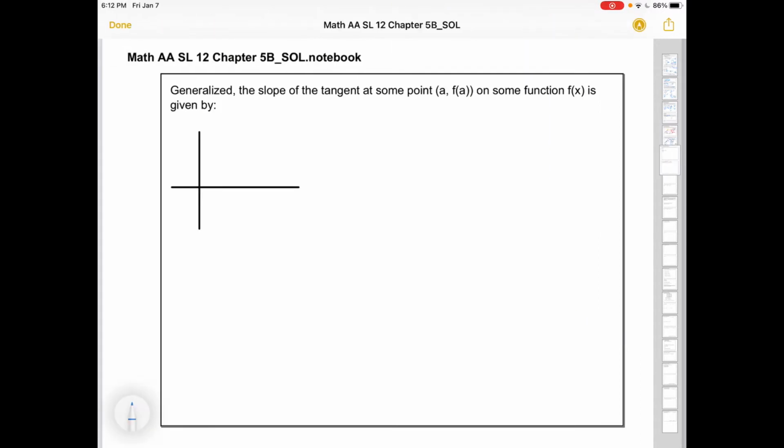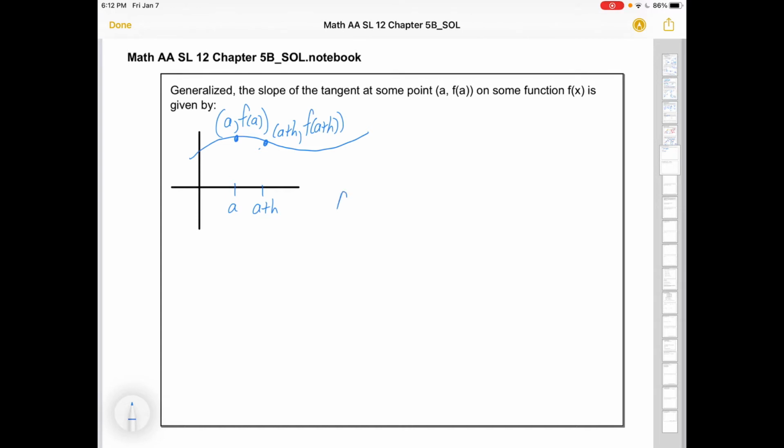Let's take that idea and generalize a little bit. So if you want the tangent slope at some point on a curve, let's say at this point A. So you have a point a, f of a. And then you have some other point, a plus h, and f of a plus h. That would be its y value, just by subbing into the function. And that would give you the secant slope if you use those 2 points.